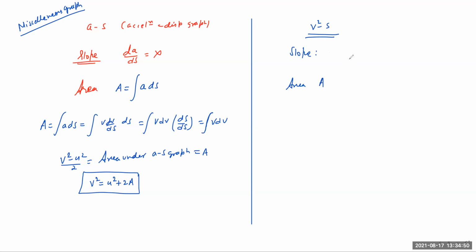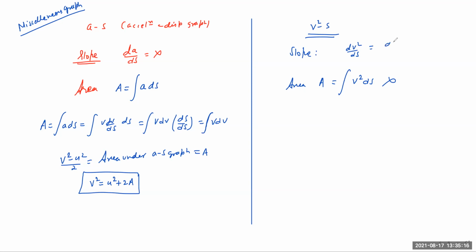Is it acceleration? Okay, what is slope first? d(v square) by ds. What is area? It is the integral of v square ds. Now this makes no sense, so ignore this.